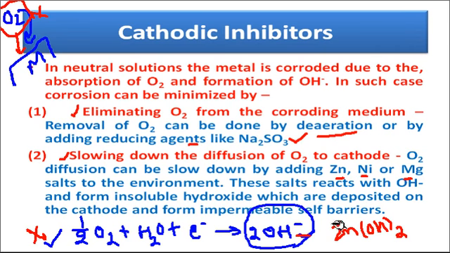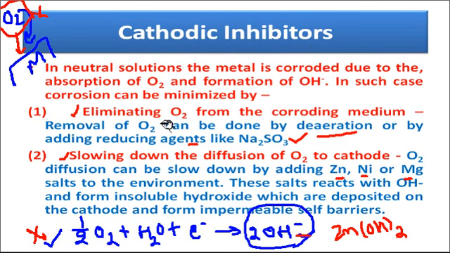Due to the presence of these hydroxides, again oxygen cannot reach the metallic surface and this reaction would not be possible. So in the neutral or basic environment, the cathodic reaction can be minimized by eliminating oxygen from the surrounding environment or slowing down the diffusion of oxygen to the metallic cathodic part.